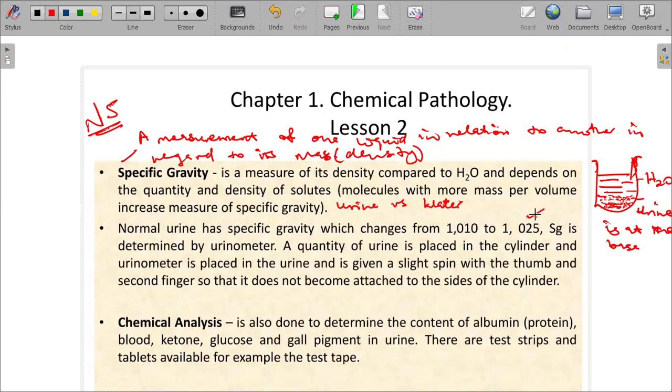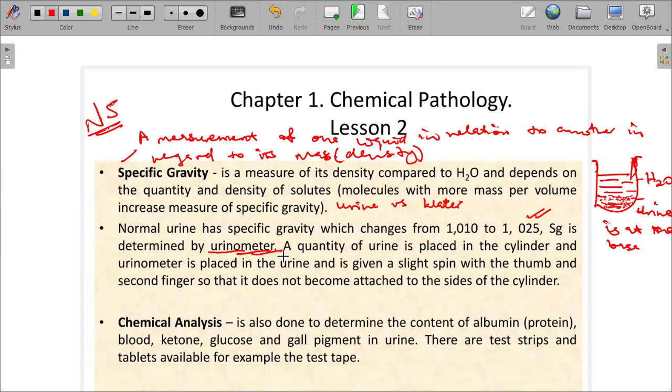That's the specific gravity of normal urine. Specific gravity is determined by a urinometer, an instrument used to measure specific gravity.